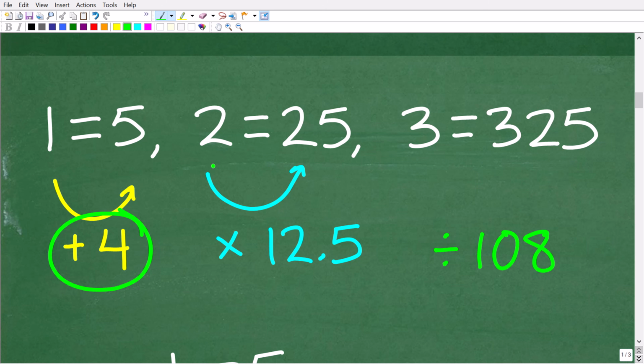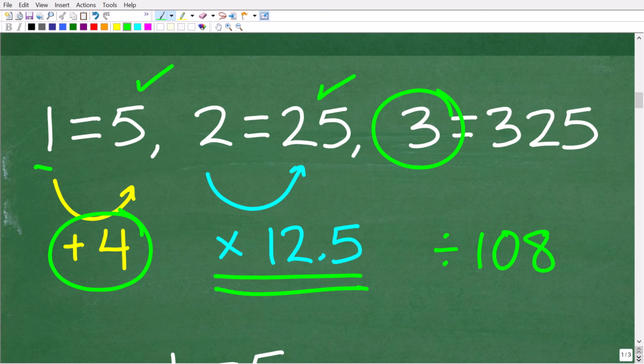Now, if we took 2 and multiplied it by 12.5, we could get to 25, but this is not going to work over here. And of course, over here, we have 3 is equal to 325. Well, if we take 325 and divide it by 108, we'll get pretty close to 3. So there's no consistent pattern of these numbers, right?